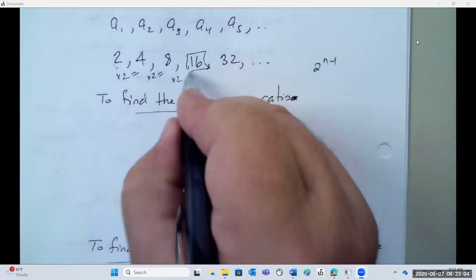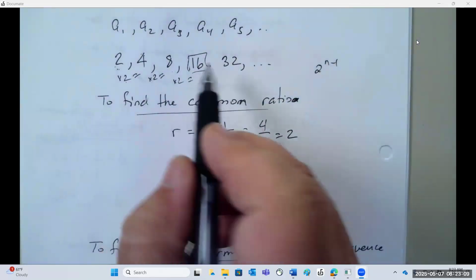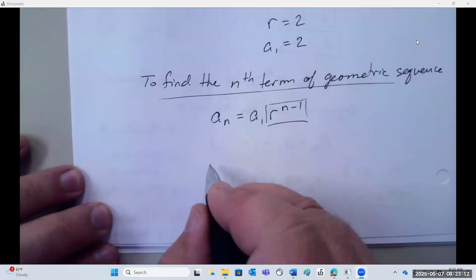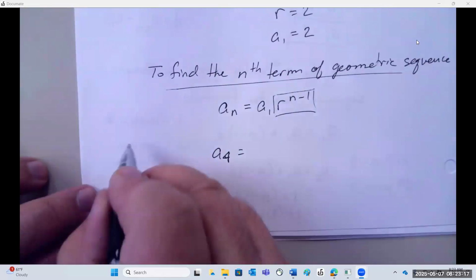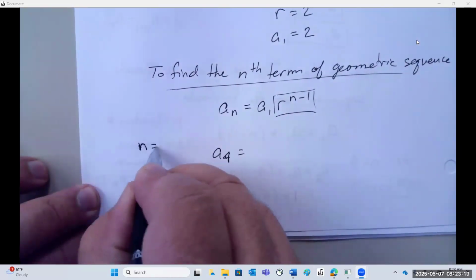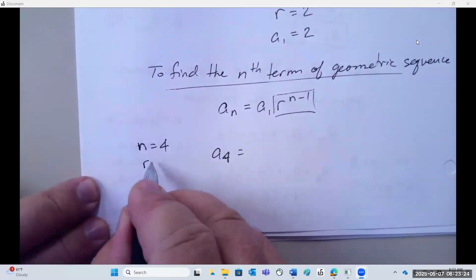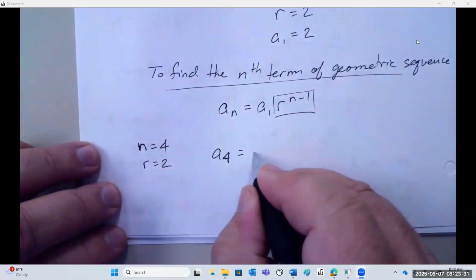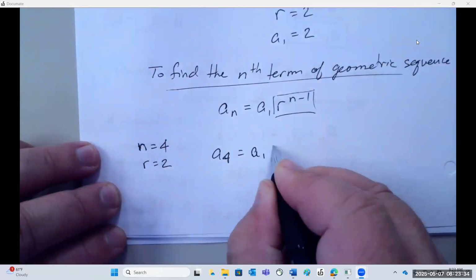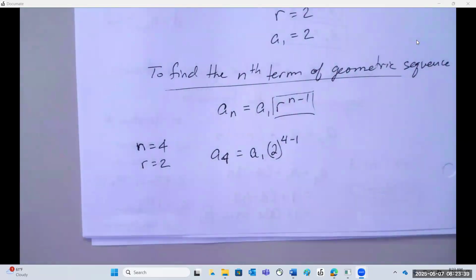I'm going to stop at this one. So, for example, if I want to know a sub 4, so I want to know what number is in the 4th location, and I know my ratio is 2, then I use this formula.